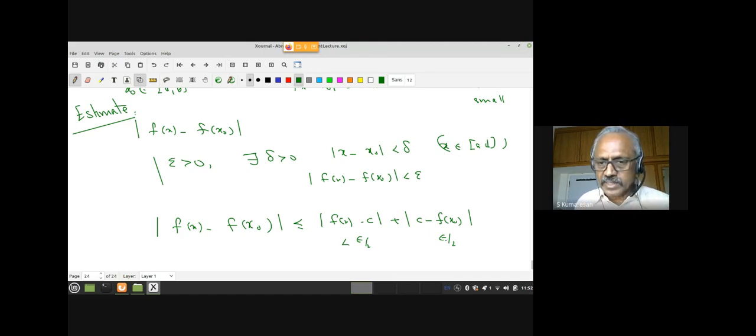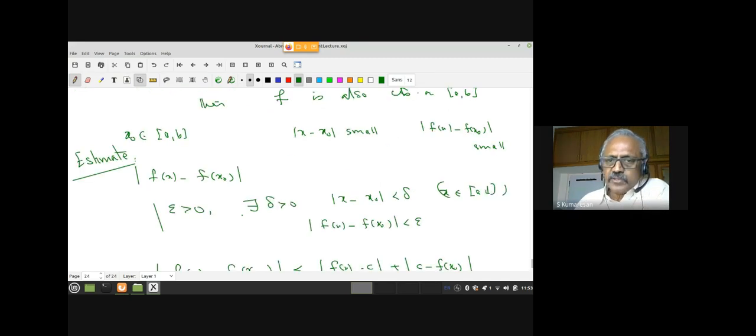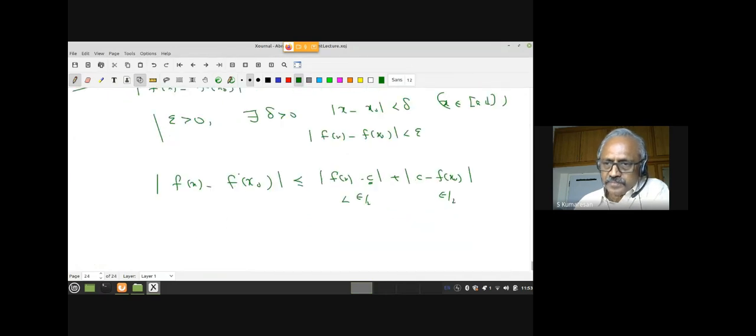But again notice that what did I do? This c will depend upon x. So given fixed thing, I have to find a c. How will I do that? Now this is where I have to make use of the fact my functions fn are continuous as well as the sequence fn converges to f uniformly.